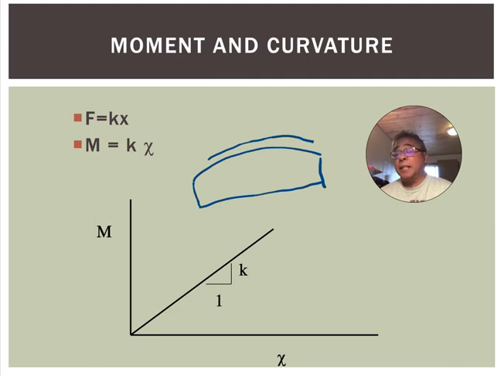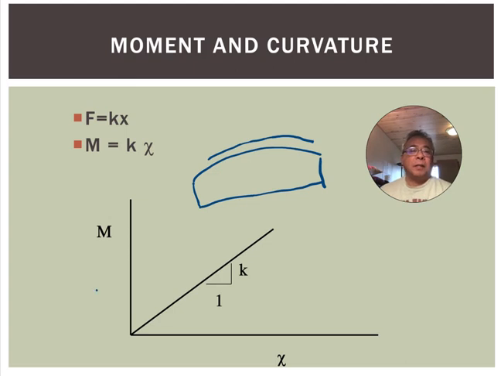I put strain gauges on the top and the bottom of that steel, and calculated the curvature in ways that I'm about to show you, and found out that the moment is linear with the curvature. So if you double the moment, you double the curvature. It's not halving the radius, because it's like 1 over radius. It's some kind of weird relationship.